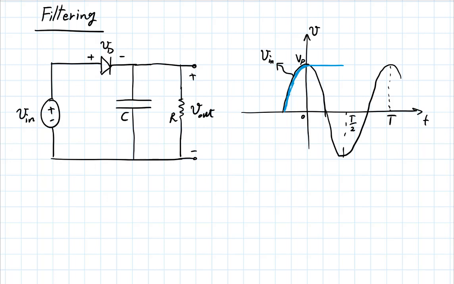And as the input goes down, the diode would just be reverse biased. It would have a negative voltage across it. There would be no current going through it. And the capacitor voltage would just stay there forever. And this is all if we did not have the resistor.